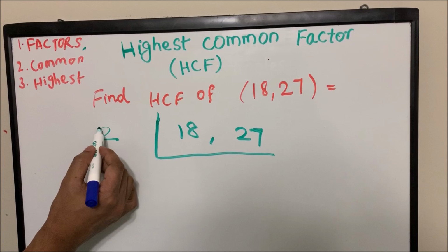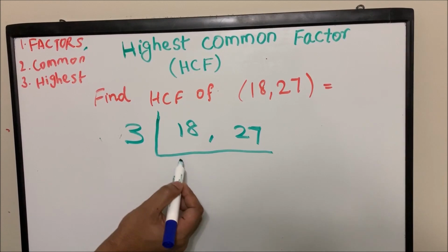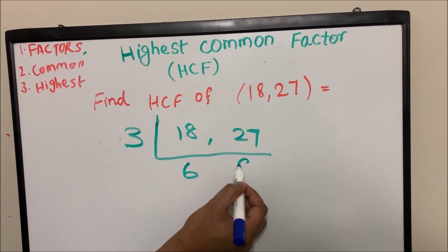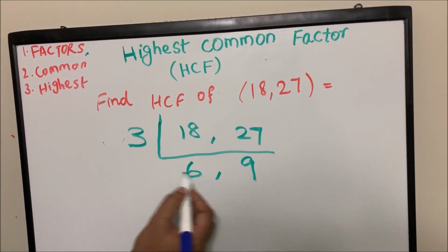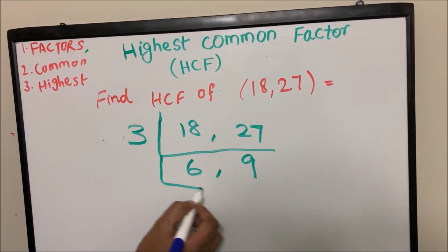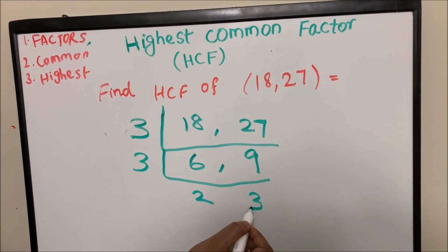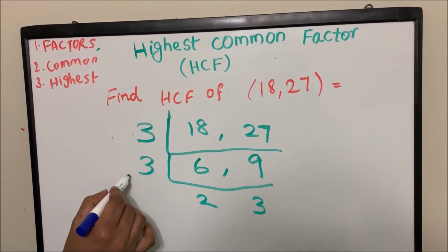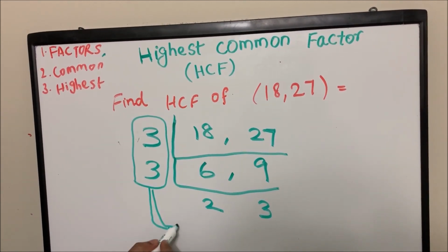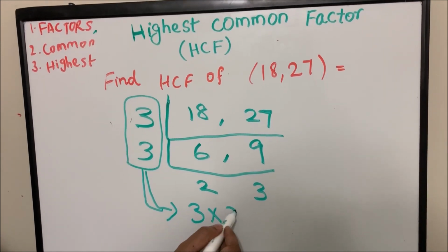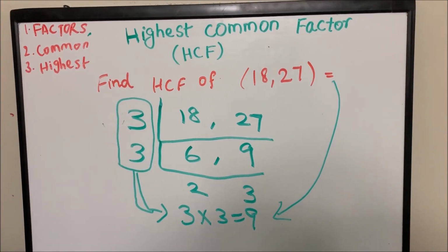Now let us take the next number, say 3. 6 3s are 18 and then 9 3s are 27. Both are divisible by 3. Then again finding for 6 and 9, 3: 2 3s are 6 and 3 3s are 9. That's it. So let us take these two divisors. If you multiply these two numbers, we will get the HCF. That is 3 times 3 gives 9, which is HCF of 18 and 27.